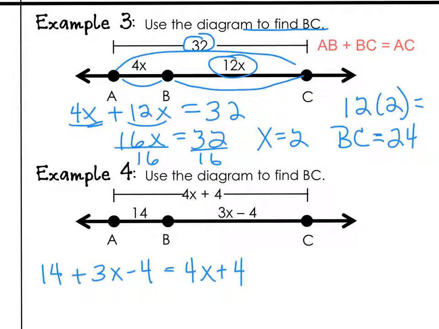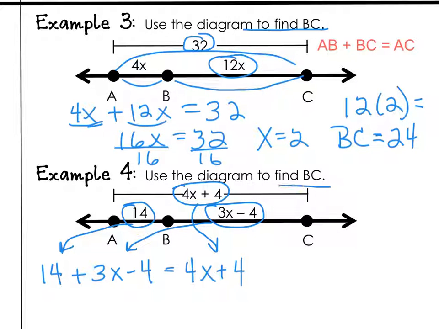On example 4, I've already set the equation up for you because I substituted 14 in for AB, 3x minus 4 in for BC, and 4x plus 4 in for AC. Now take that equation, solve it for x, and then find the value of BC.